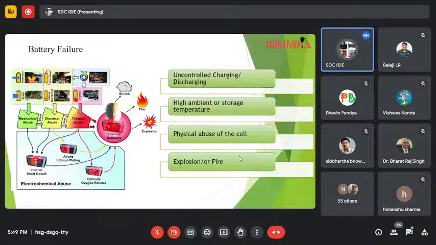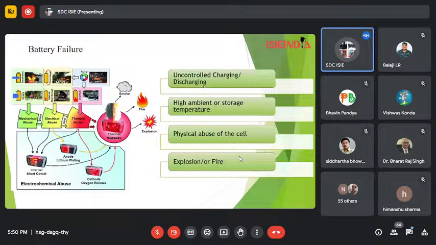Whenever some penetration is there, or whenever I drop the cell, or in case of crush, or if I am driving the vehicle and it gets crashed into another vehicle or a tree, or some accident happens, what will happen? It will damage the battery pack, it will crush the battery pack, it will penetrate the battery pack, it will physically abuse that cell, it will mechanically abuse that cell. After the mechanical abuse, what will happen?